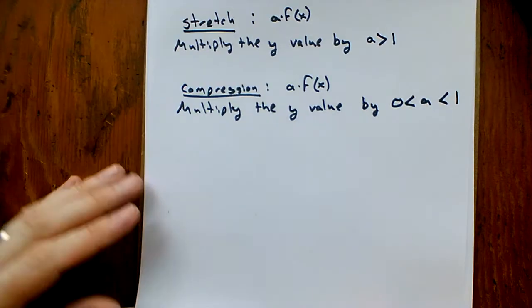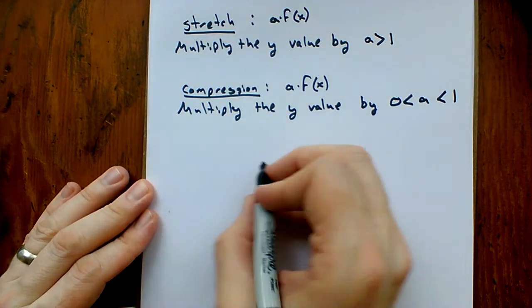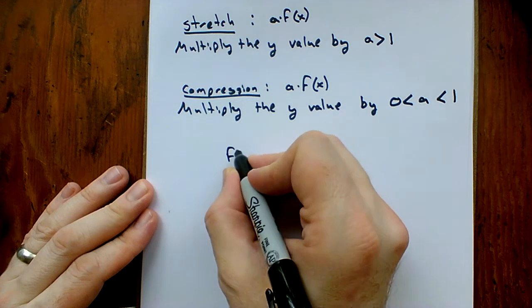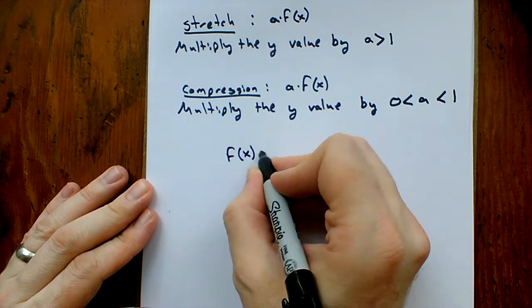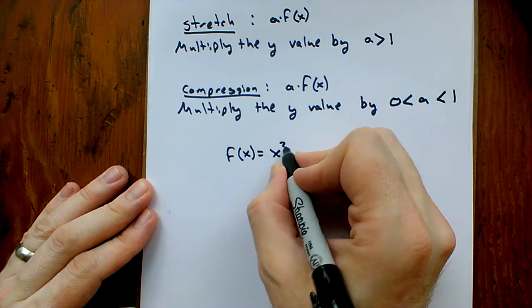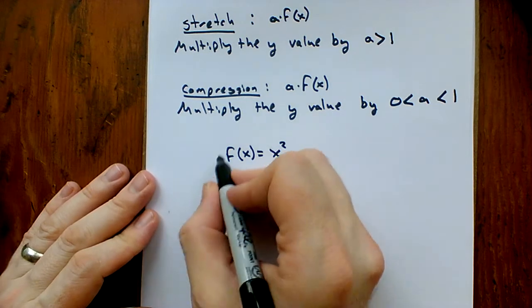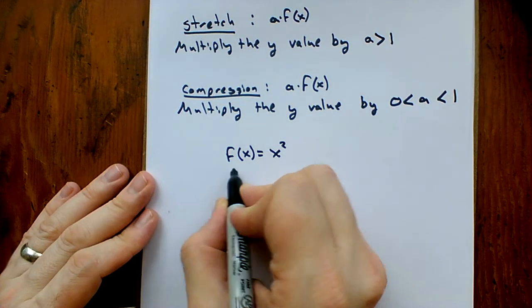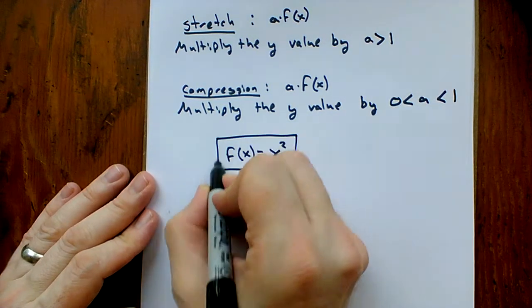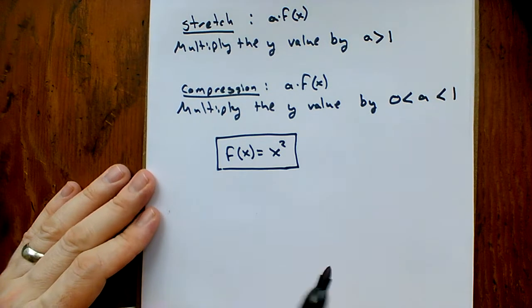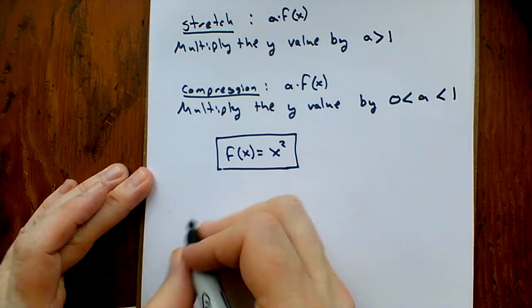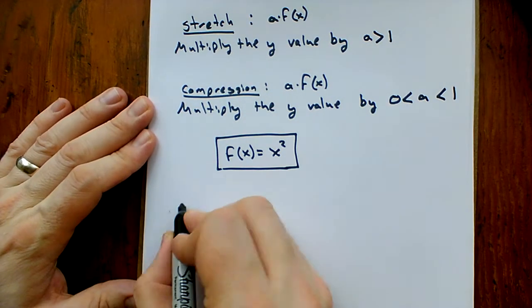So let's show you what we're talking about. For now, I'm going to say f of x is equal to x squared. This is a really common kind of thing that we're going to work with. Let's see what our basic function looks like.